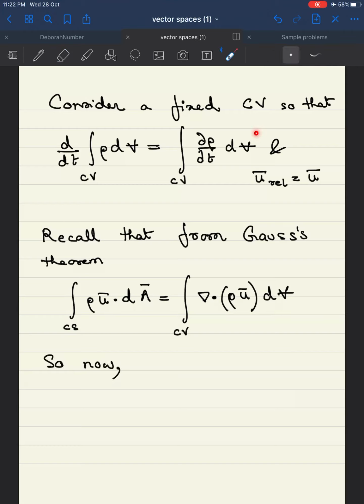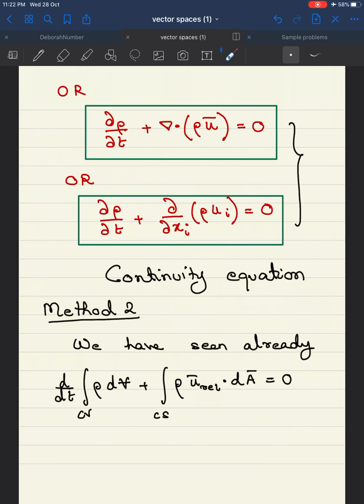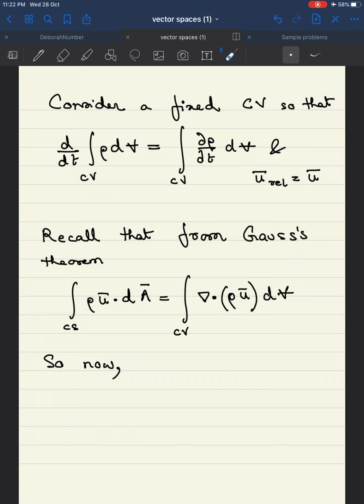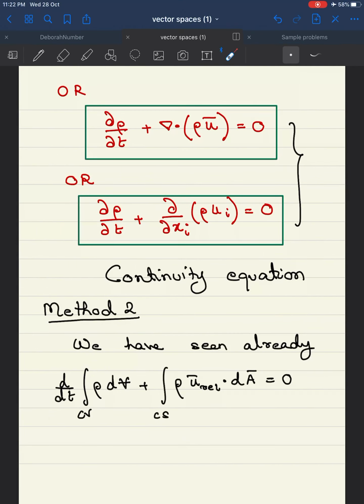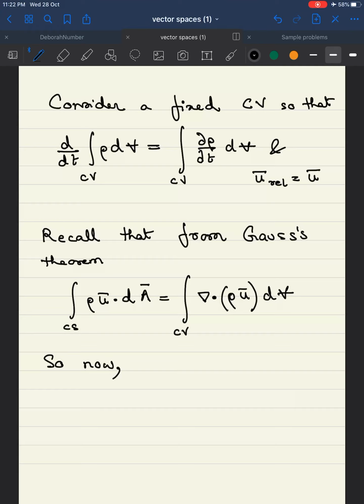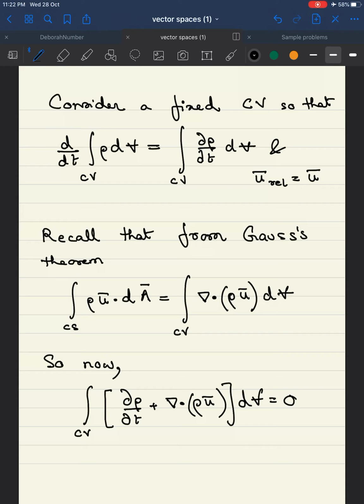Now if I use this version for my first term and this version for my second term, I can recreate this particular equation, and what I will get is one single integral over the control volume, with del rho by del t plus this divergence term, dV, equal to 0, right?